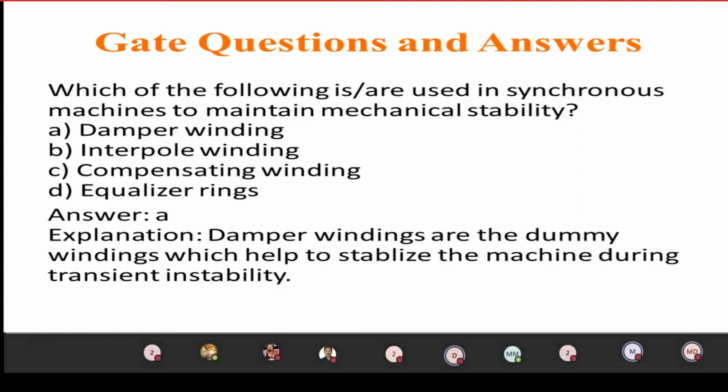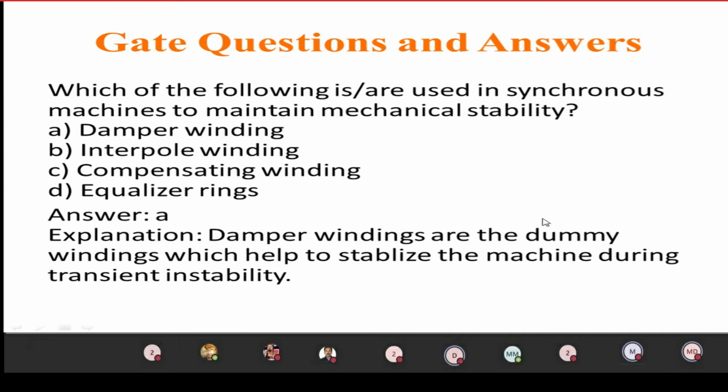Due to that action there is some instability, called transient. This changes the speed of the synchronous machine, and that can be eliminated by using damper winding.